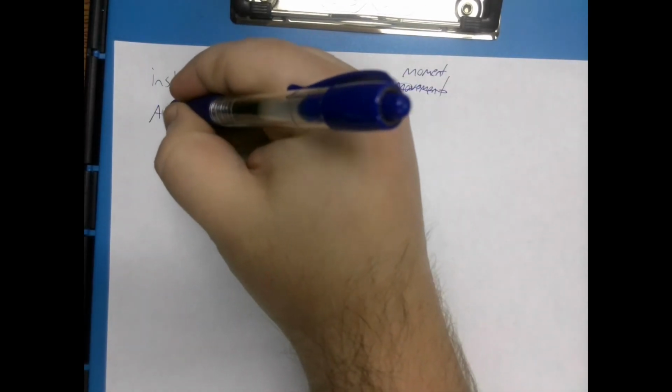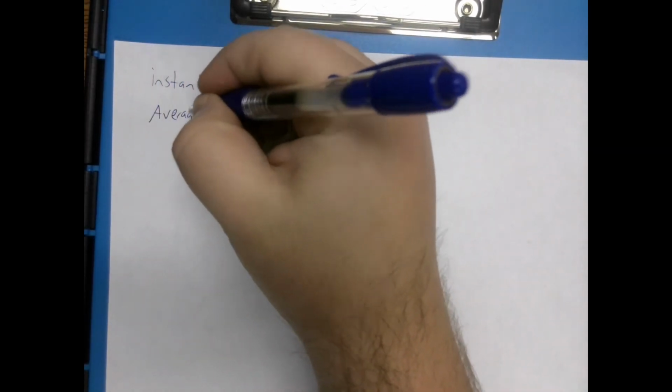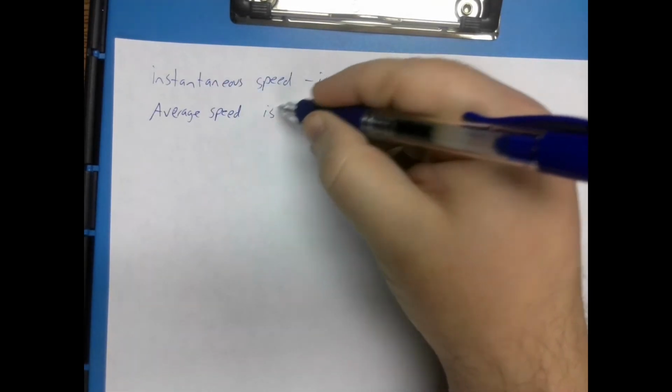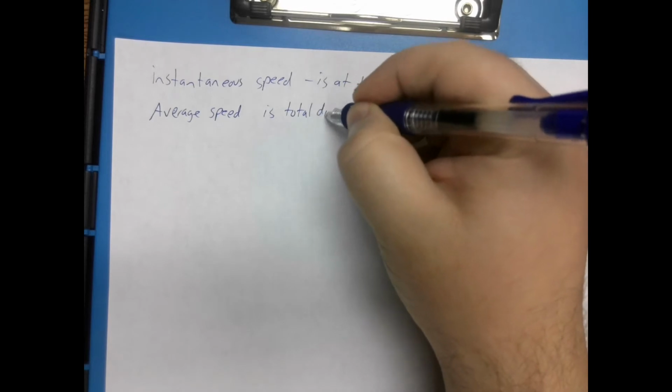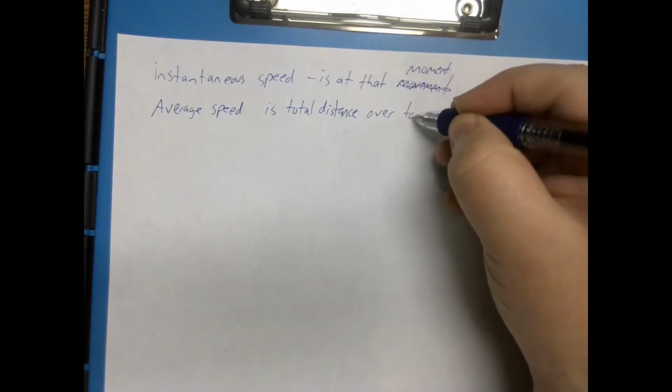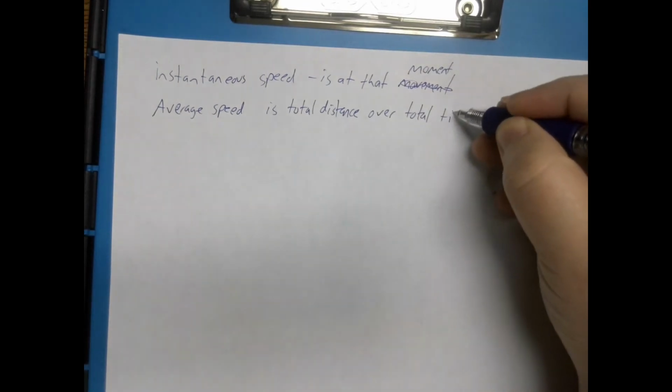So average is total distance over total time.